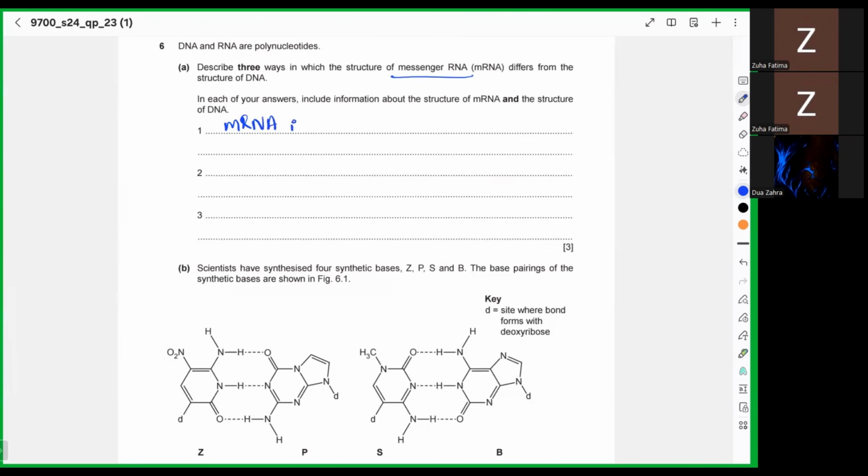mRNA is a single stranded molecule, whereas DNA is a double stranded molecule.